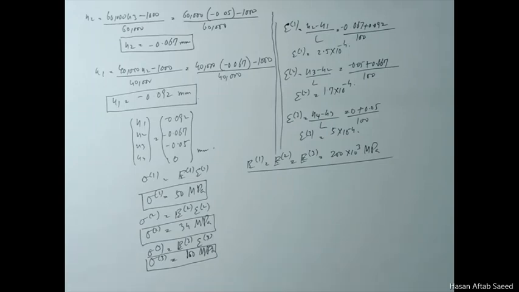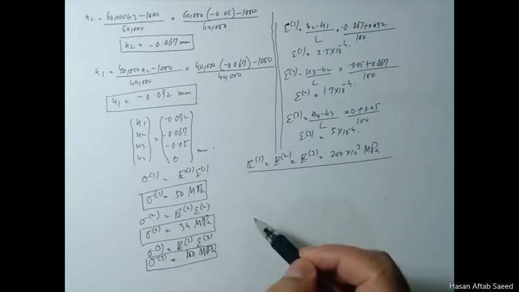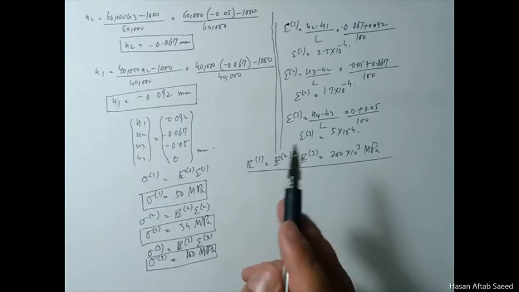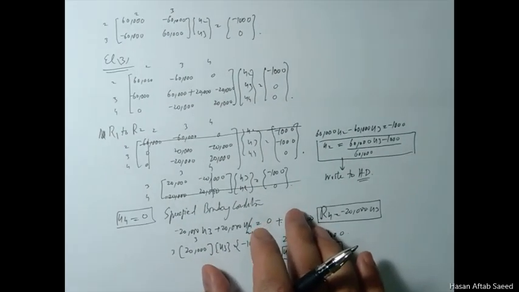Now here, although we did not calculate it, and we didn't need to, for stresses you don't need to calculate reaction forces, but in case you needed it, for some questions it is required, although usually it isn't.